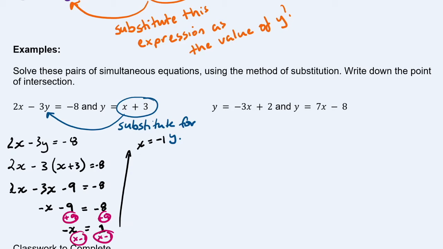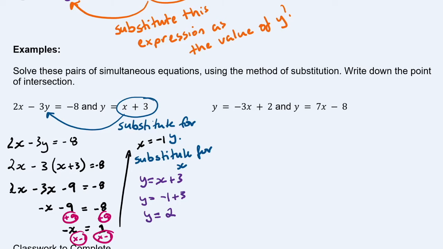Because x equals minus 1 now, we can substitute into the next equation. I'm going to substitute in for x. So I'm going to have y equals x plus 3, because that's going to be the easiest one to do it for. y equals minus 1 plus 3, which is going to be 2.